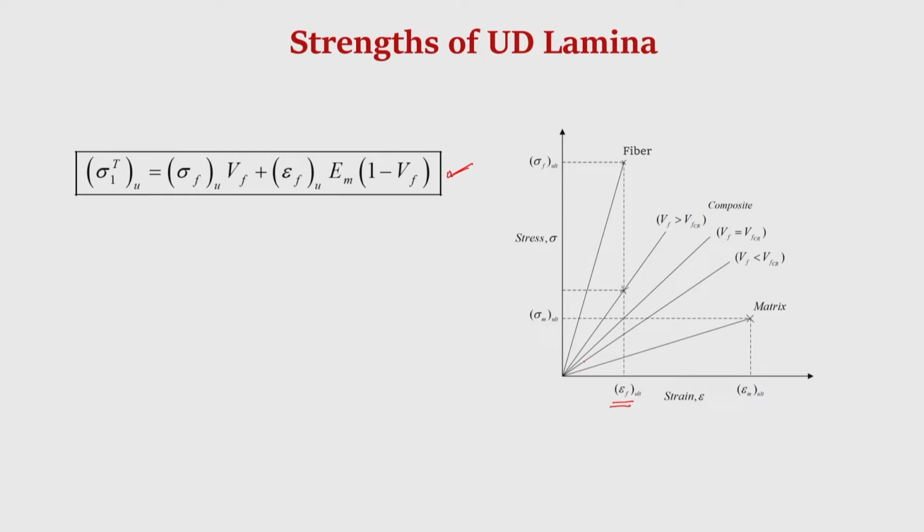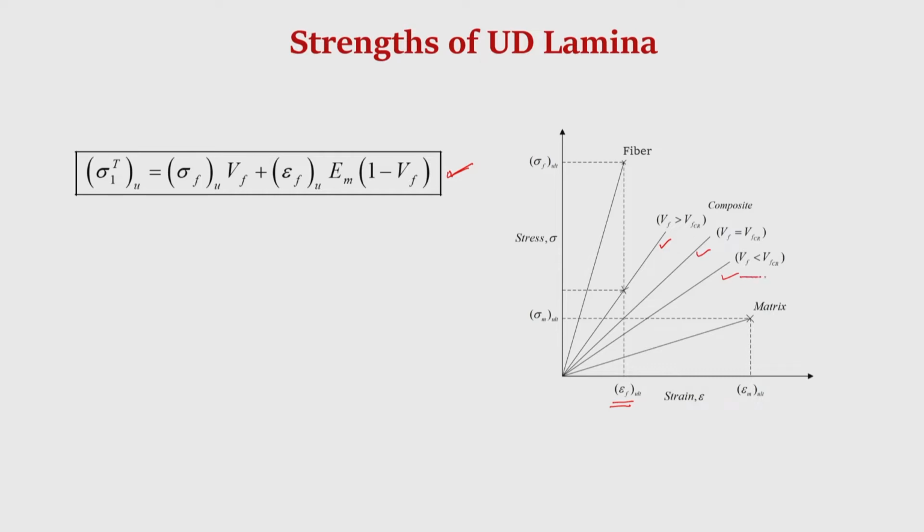We have discussed in the last class that the slope of the stress strain curve for the lamina or the composite will be decided by the volume fraction. For given properties of the fiber and matrix, the higher the volume fraction V f, the more it will be inclined towards the fiber stress strain curve, and the lower the volume fraction, the more it will be inclined towards the matrix stress strain curve.